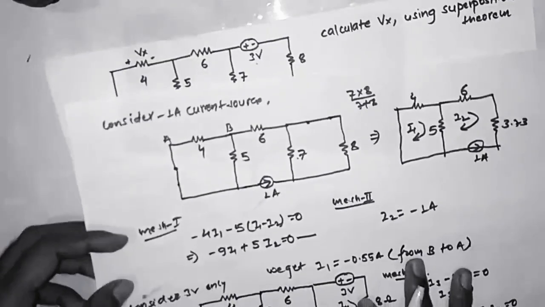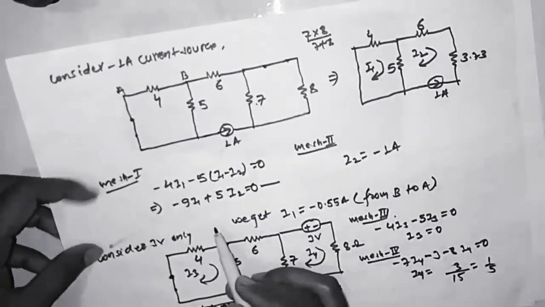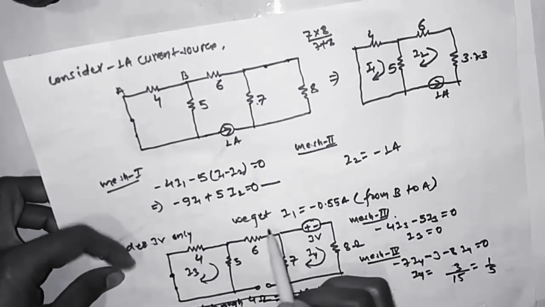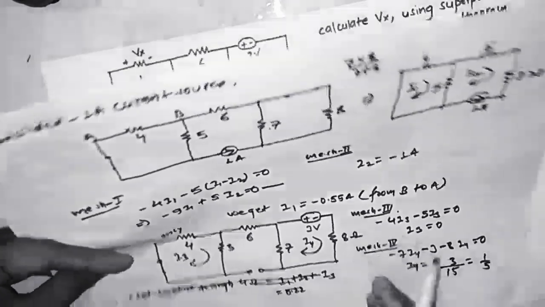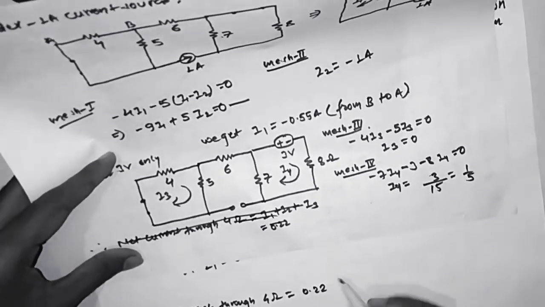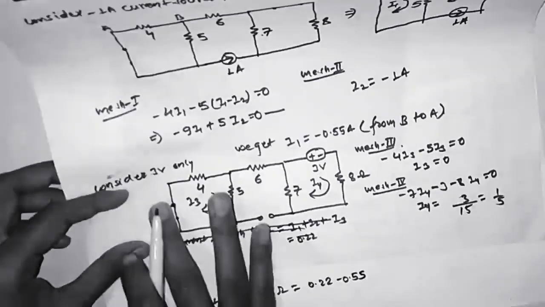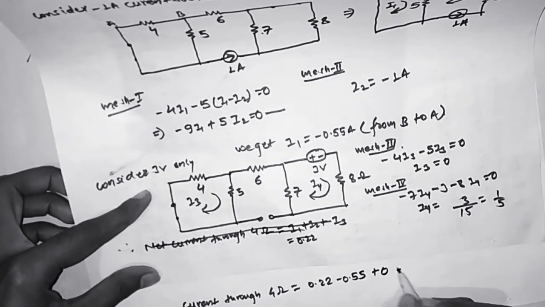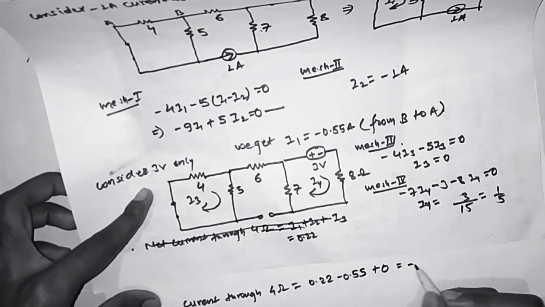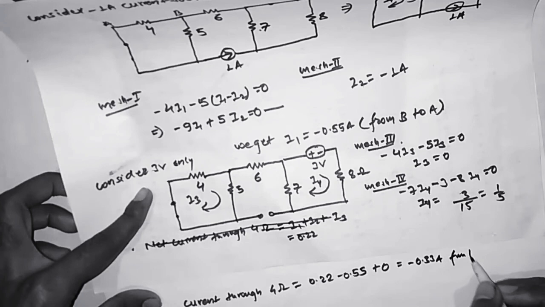While considering the 1 ampere current source, I1 was minus 0.55. After considering the 3 volt source, the value of I3 is 0. So 0.22 minus 0.55 plus 0, finally we get minus 0.33 ampere from A to B.